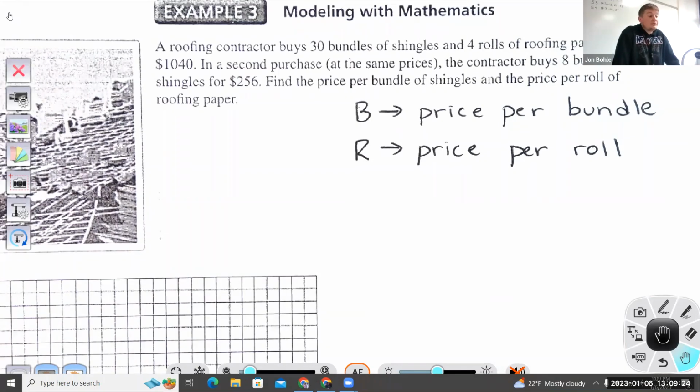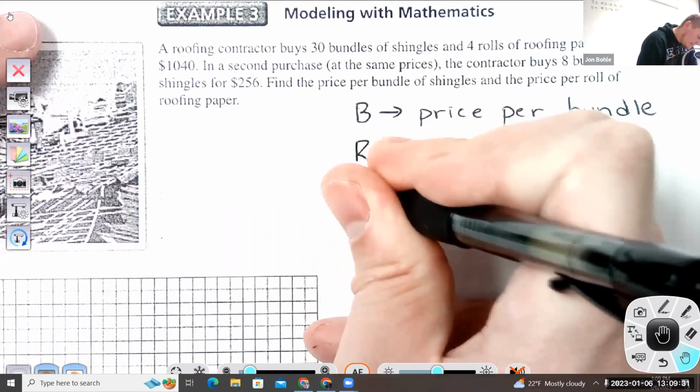So I'm going to write 2 equations. The first is going to discuss the first purchase.